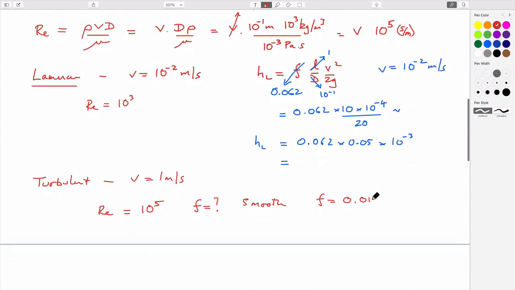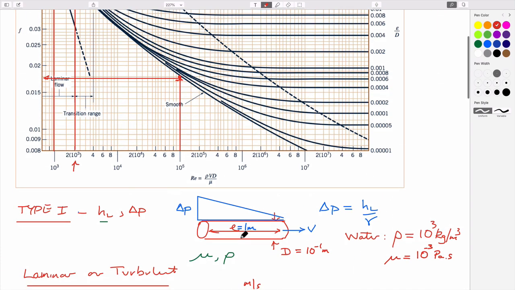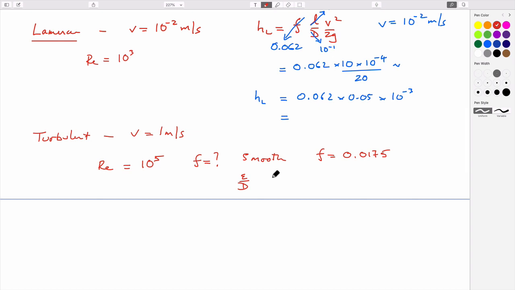Yeah, 175. And if it has some roughness, I don't know what the order of magnitude of roughness coefficients are, let's choose 1 over 1,000.